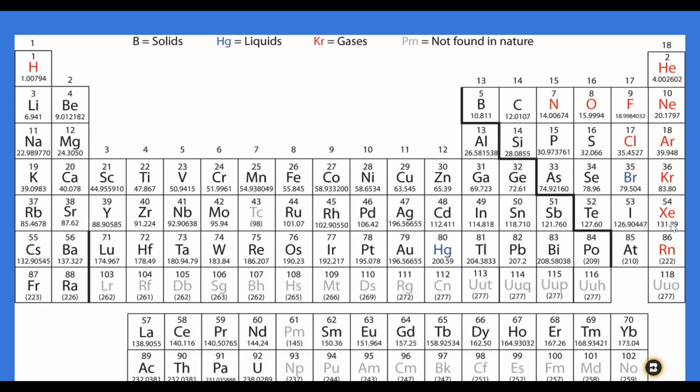And these elements, the ones in gray, are not found in nature. They are man-made elements. It's important to know this.